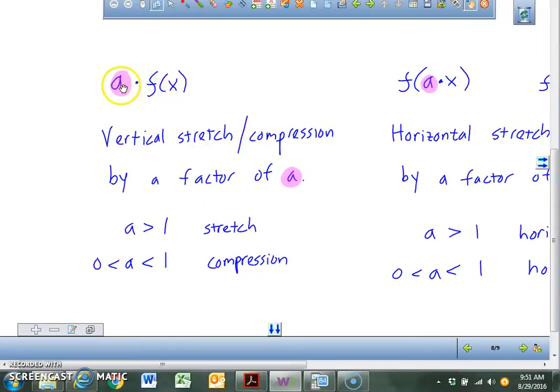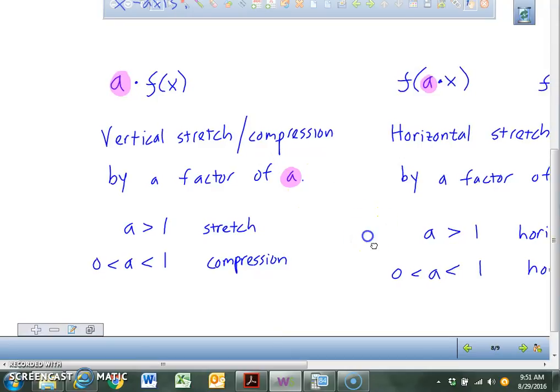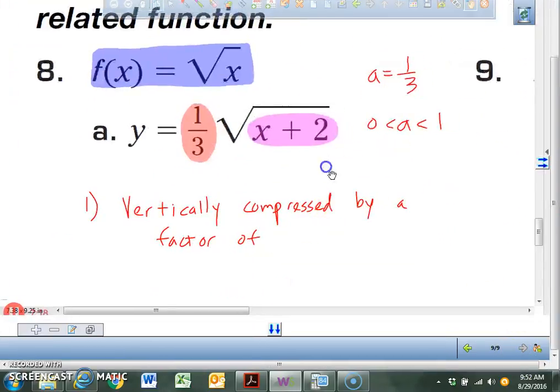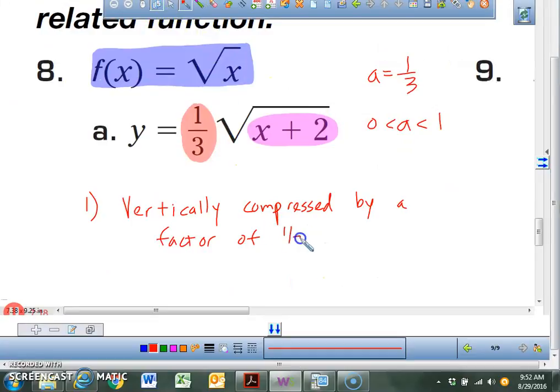If it's on the outside, it's going to be a vertical stretch or compression. We said it's going to be vertically compressed by a factor of whatever a is. Well, what is a? 1/3. So we would say this is vertically compressed by a factor of 1/3. That's one of the things that happens.